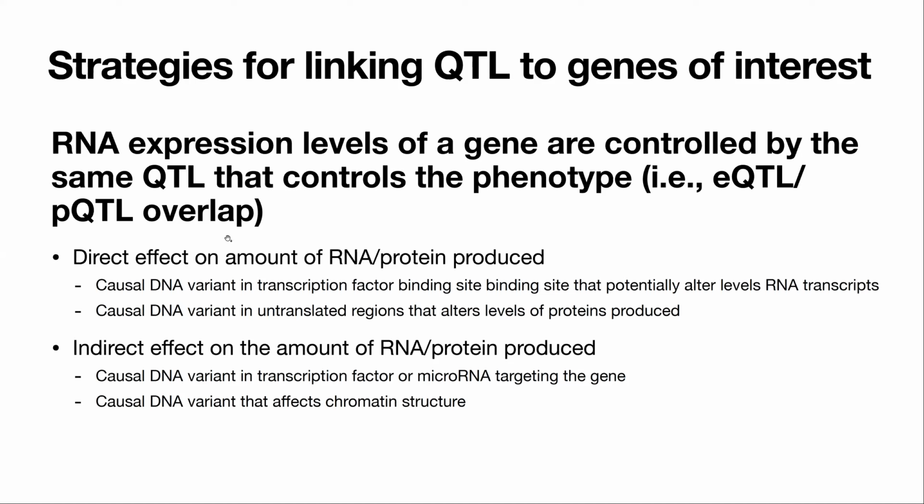But we also incorporate information on what I'm calling in this context an indirect effect. So maybe the causal variant is in a transcription factor rather than in the transcription factor binding site. So the variant causes differences in the transcription factor, which then causes differences in expression of many other genes.